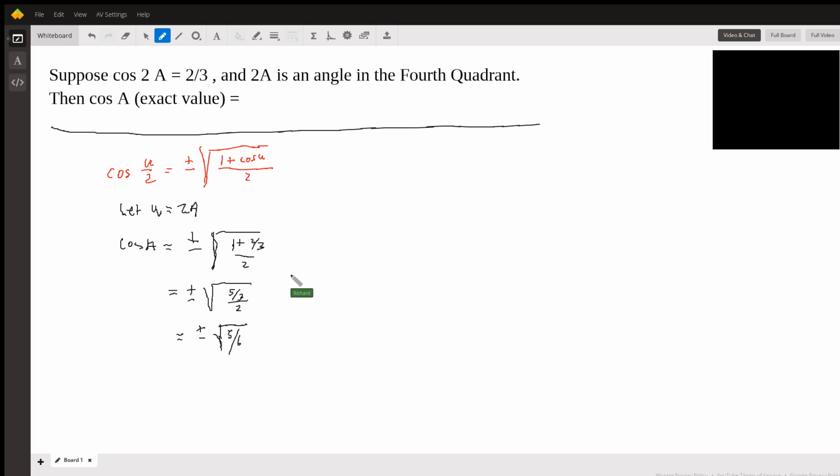Now we just have to figure out which one it is. Is it the positive square root or the negative square root? So the cosine of 2a, so we know that 2a is here. So that's 2a.